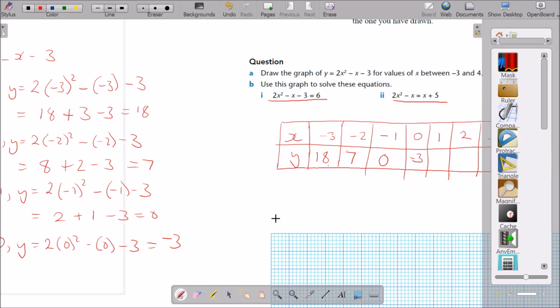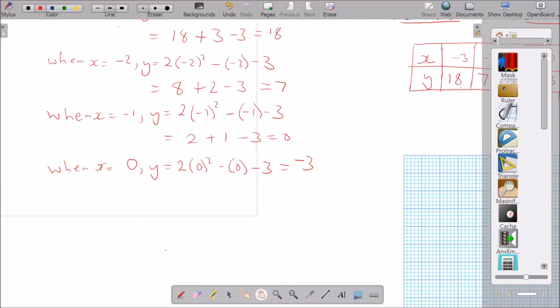Now we go to 1 and say when x is equal to 1, y is equal to 2 times 1 squared minus 1 minus 3, which is equal to 2 minus 1 minus 3, which is 2 minus 4, which is minus 2.